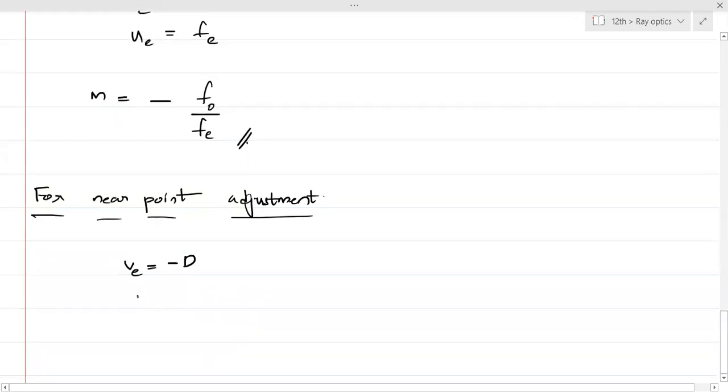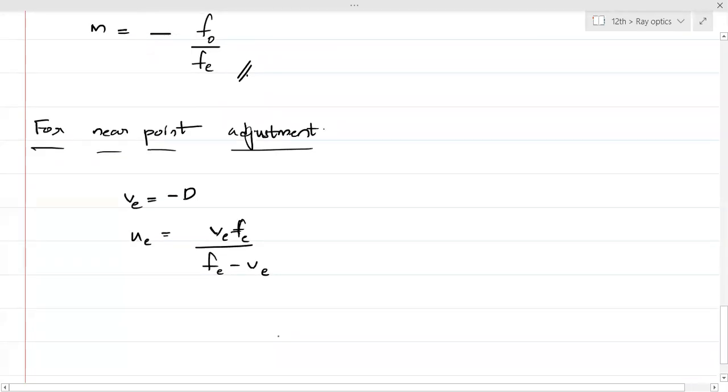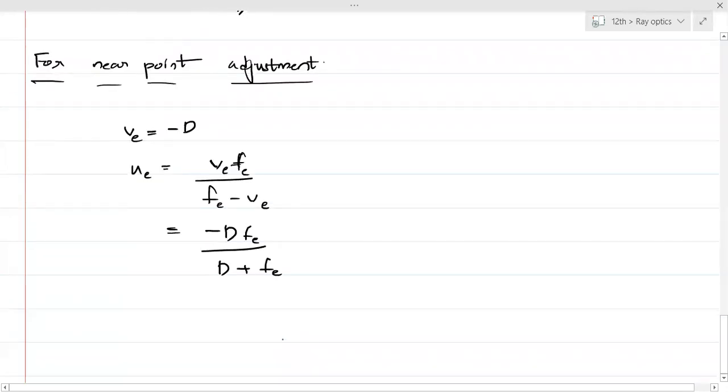So in that case, we'll get UE as VEFE upon FE minus V, which would be minus DFE upon D plus FE, right? So what can we say?